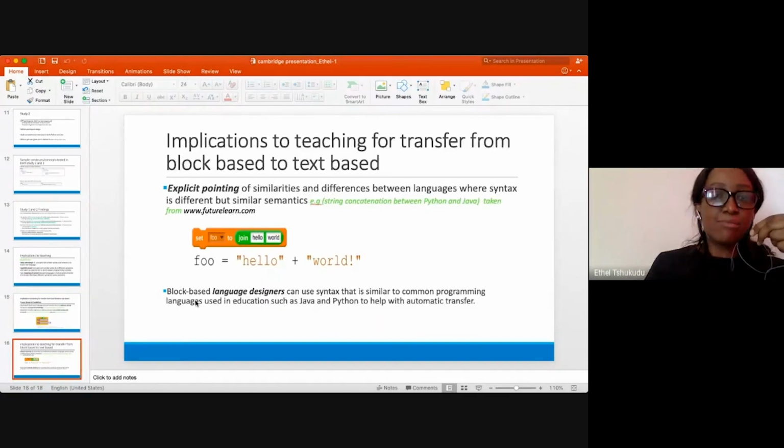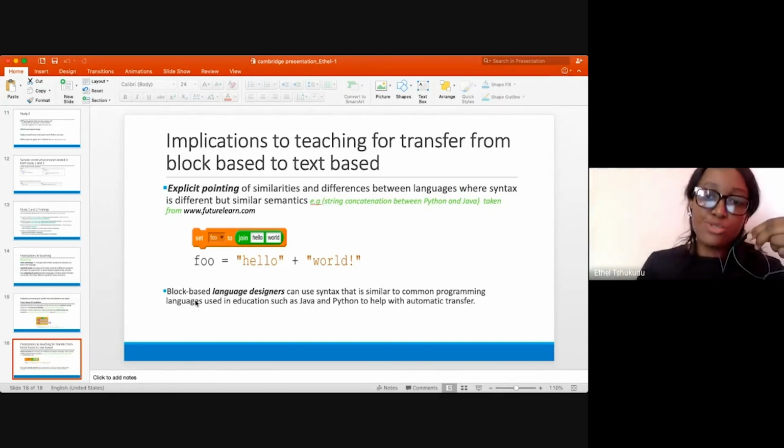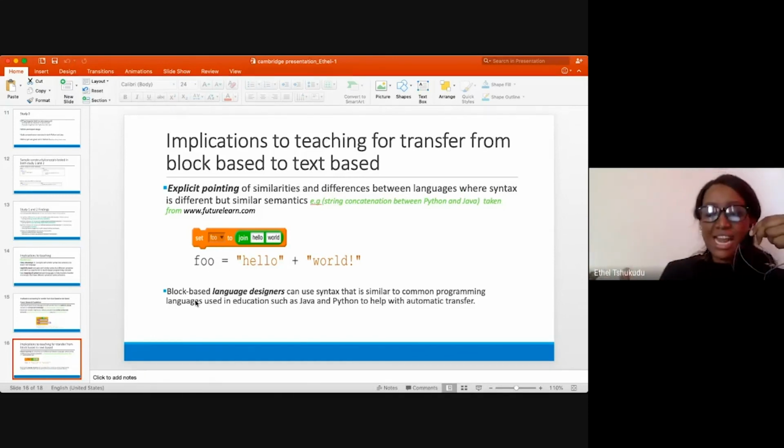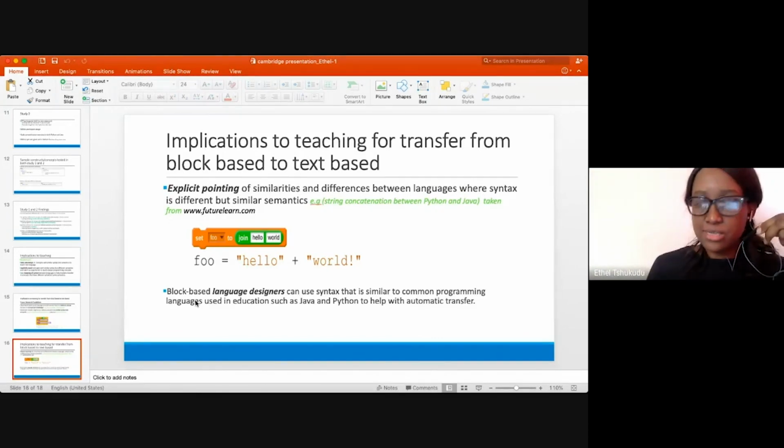Students might be confused by things like this, where we are using operators, or words like join, so we need to be explicit about explaining them. It would also be interesting for language designers to explore how they can create syntaxes that are more similar to the programming languages used in education. Yeah, thank you.